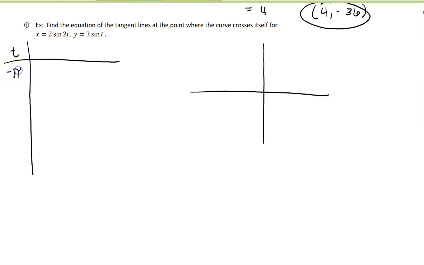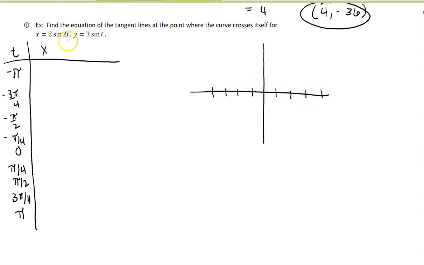So I'll graph negative pi, negative 3 pi over 4, negative pi over 2, and negative pi over 4. I'll go 0 and then copy that in the positive direction, in intervals of pi over 4. Okay, so I'm going to plug that in for x and y. If I plug in x equals 2 sine of 2t: at negative pi, I'm going to get 0.